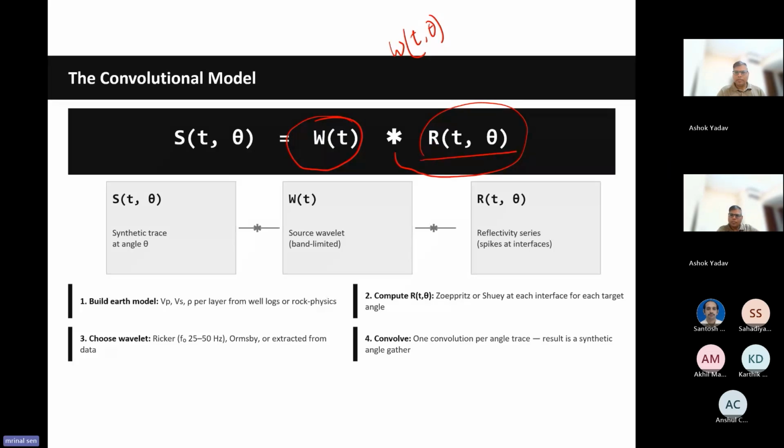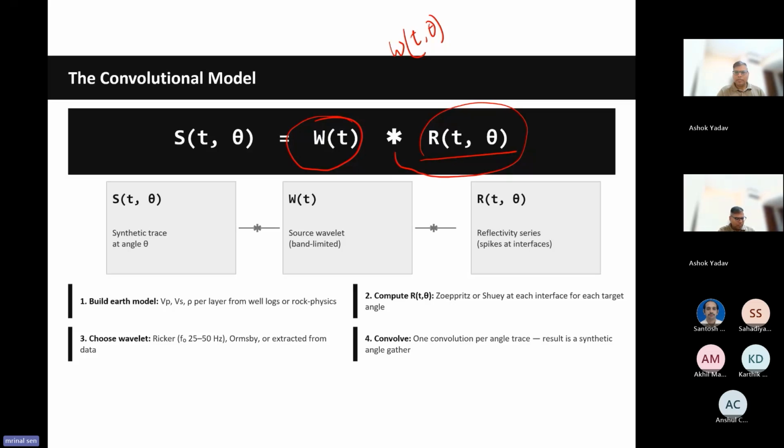You can also try to use a lower frequency wavelet as a function of theta, but for a synthetic modeling experiment, it is not necessary. So the idea behind angle gather generation is that a synthetic angle gather is simply the convolution of wavelet with angle dependent reflection coefficients.